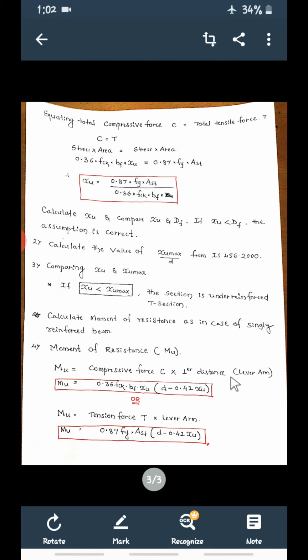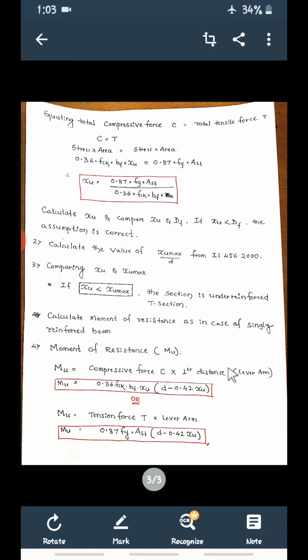So moment is equal to either compressive force C into lever arm, or tension force T into lever arm. From these two, you can use any one if it is an under reinforced section.